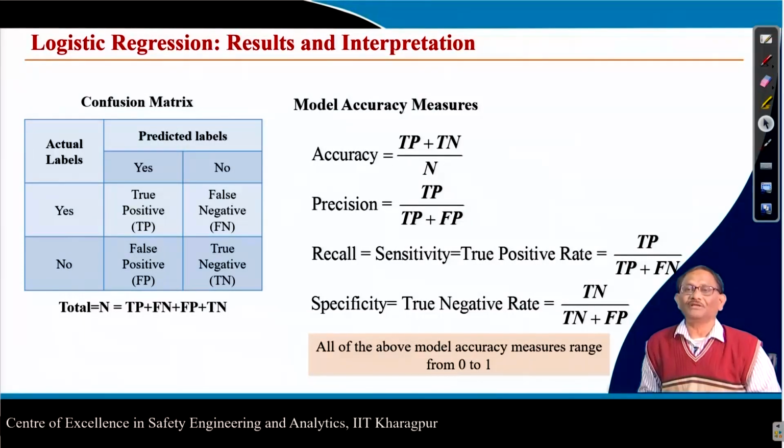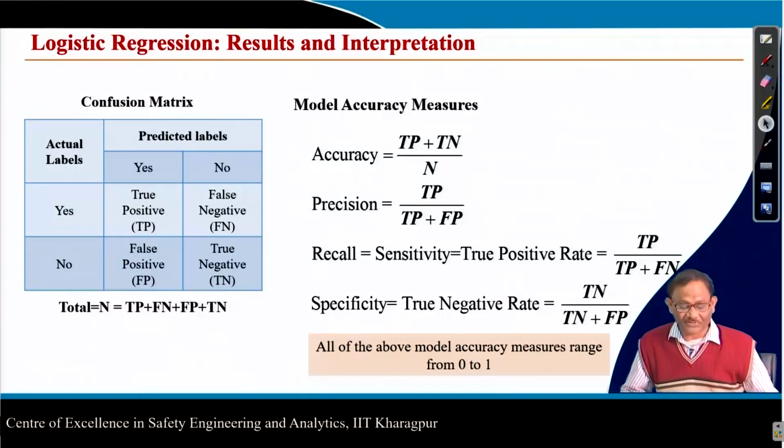This kind of confusion table you can generate whether you are using logistic regression, classification tree, or support vector machine. This confusion matrix is always possible to compute, and using the different accuracy measures you can judge whether the model is useful for prediction as well as classification or not.